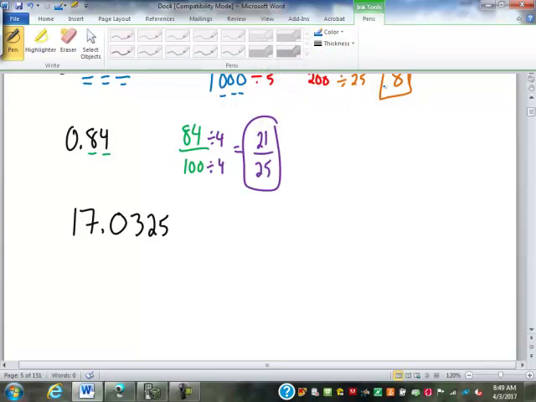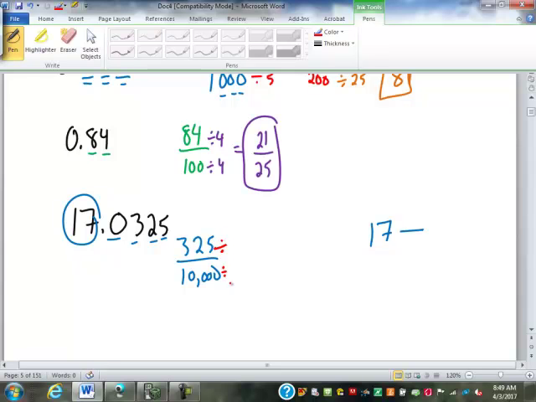How about this? 17.0325. How do we convert that? Yeah, the 17 doesn't do anything. So what we're converting is the 0.0325, which is going to be what? 325 over 10,000. Very good. Tenths, hundredths, thousandths, 10,000ths.